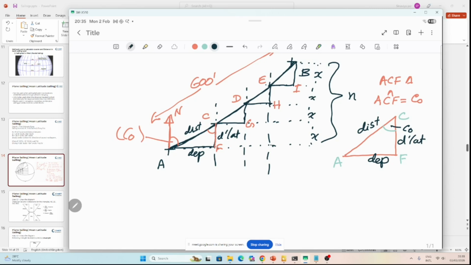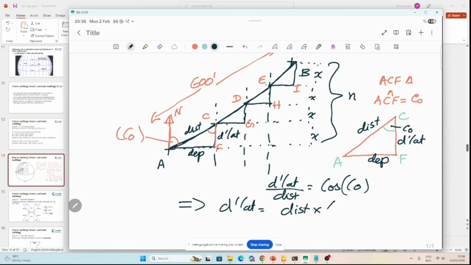So by using trigonometry, dlat divided by distance equals cos, isn't it? Dlat divided by distance is equal to cos. Are we good? So dlat equals distance into cos.